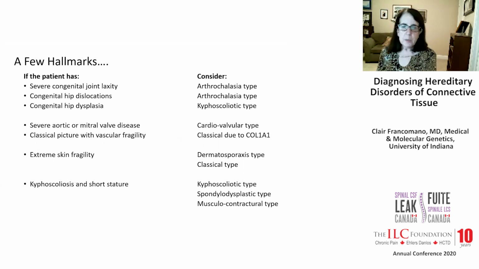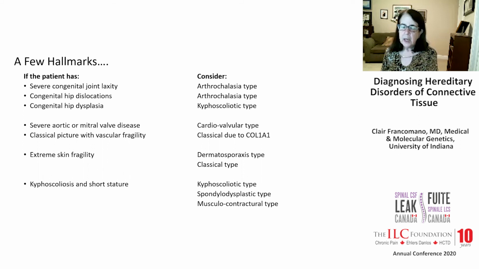Patients with extreme skin fragility should prompt consideration of the dermatosparaxis type or the classical type. And if there is kyphoscoliosis and short stature, the differential would include the kyphoscoliotic type, the spondylodysplastic type, and the musculocontractural type.